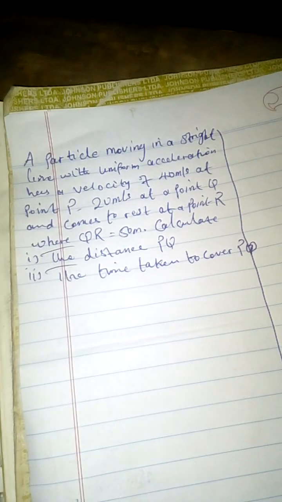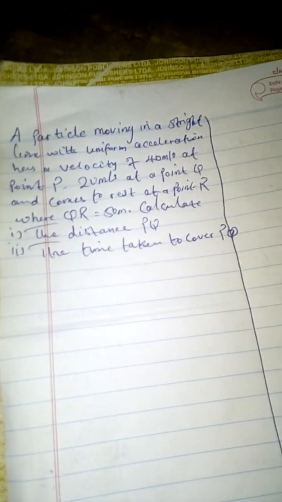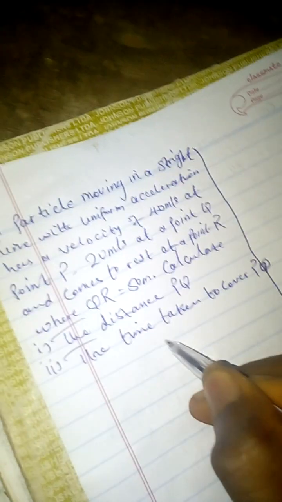We are asked to calculate one, the distance PQ, and two, the time taken to cover PQ as well. This is the question that we are asked to solve. Now let's try to solve the question.